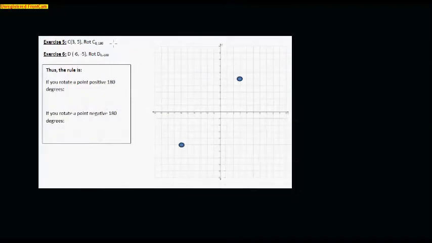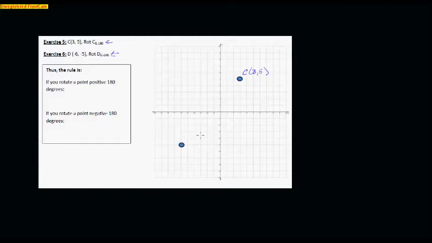Alright guys, now this is a little different. Instead of 90, we're going to rotate 180. So let's come up with some rules for a rotation of 180. Here is point C. It's at 3, comma 5. If I rotate this 180 degrees, you take your paper and completely turn it around upside down. This point is going to end up down in quadrant 3.